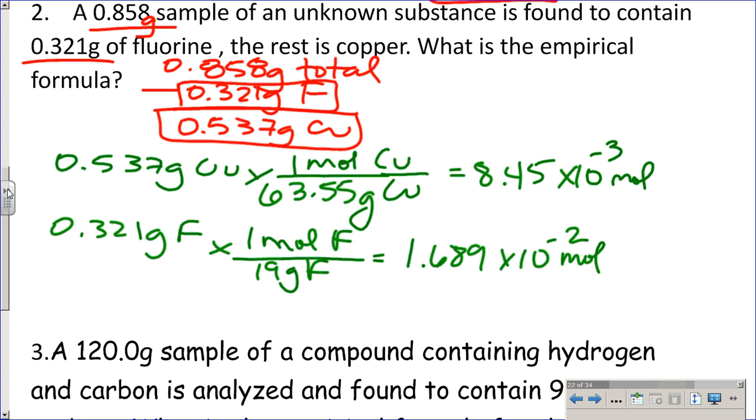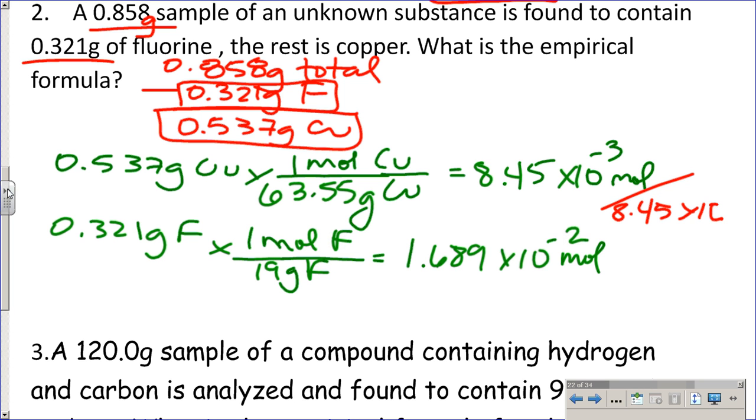So I just wrote in scientific notation to get a little diversity on the board here. All right, so what am I dividing by? Which is the smaller number? Actually, yeah, this one, because this one's 10 to the negative 3, this is 10 to the negative 2. So if you wrote this in decimal form, it'd be 0.008, blah, blah, blah. This one would be 0.016. So this is the smaller number up here. So I'm dividing by the smaller number.